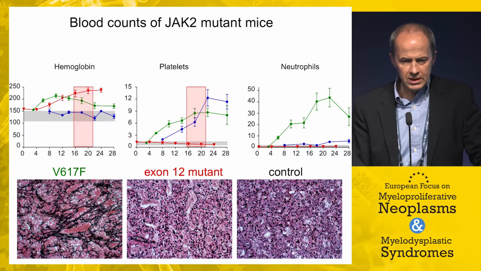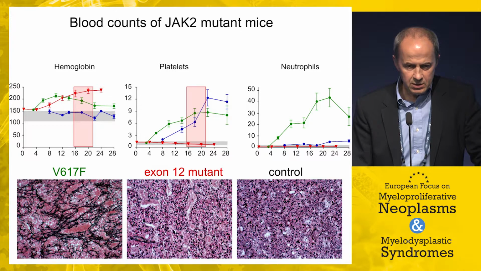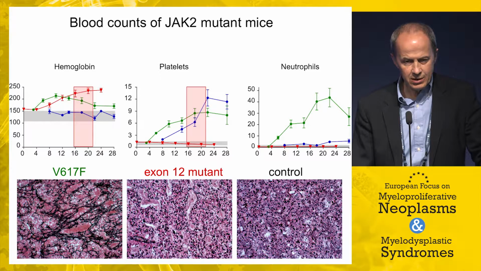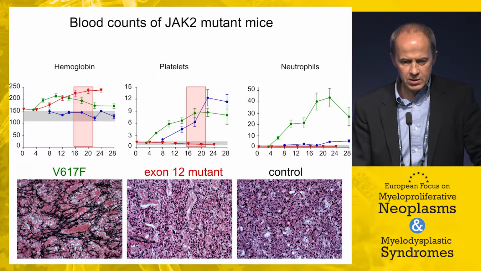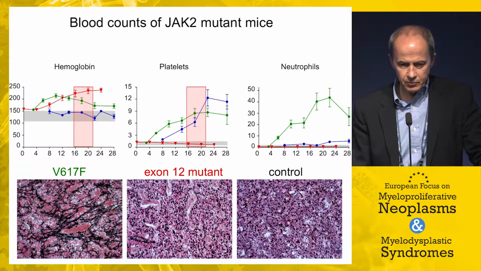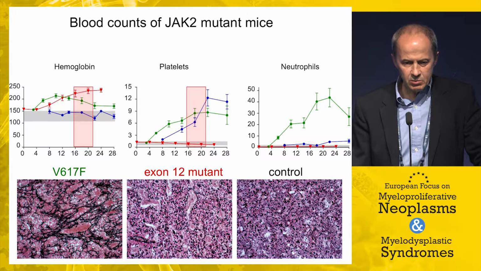This also translates into the fact that the PV model with the V617F mutation tends to then decrease hemoglobin levels after about 3 to 4 months, and this is due to increase of fibrosis in these mice, which then inhibits erythropoiesis. The exon 12 mutant doesn't show in the mouse model any of these signs of myelofibrosis.